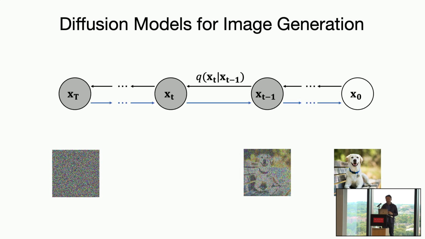And then there is a denoising process. For this process, the idea is to gradually remove the already added noises. In the forward process, because we choose to add those noises, we know the form of the noises.